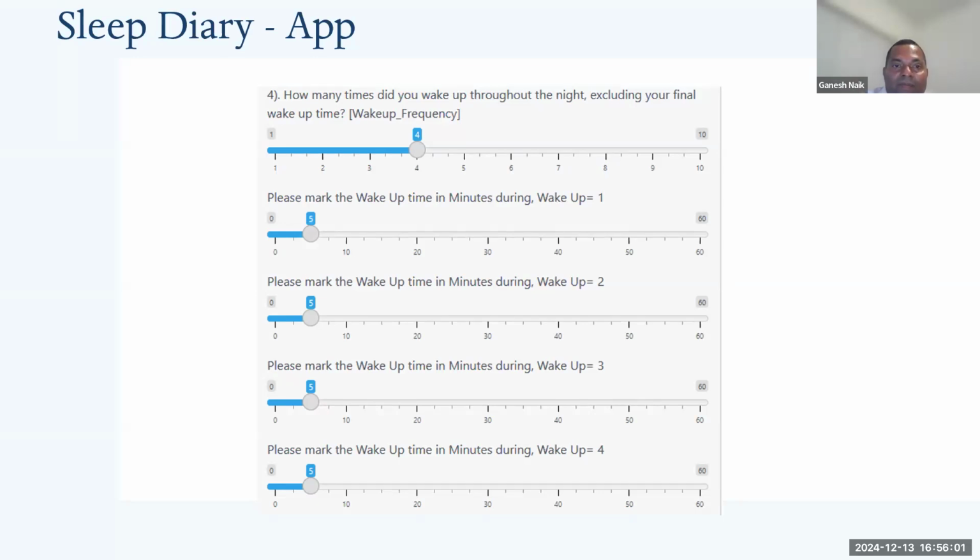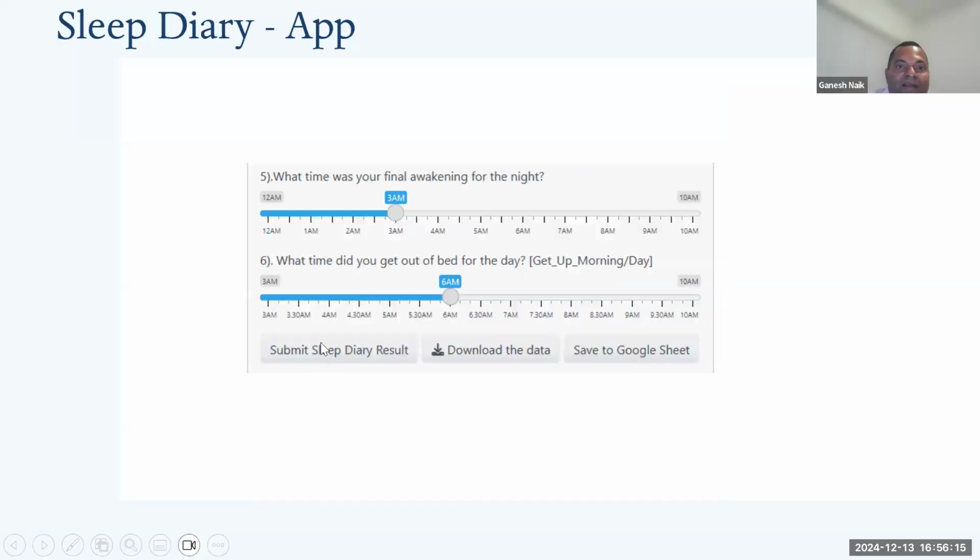I also provided a way to record how many times they woke up in the night, to get precise information for the clinicians. The whole time can be added at the end: what time was the final awake, and what time they finally got out of bed. And before that, did they wake up sometimes to drink water or go to the bathroom.